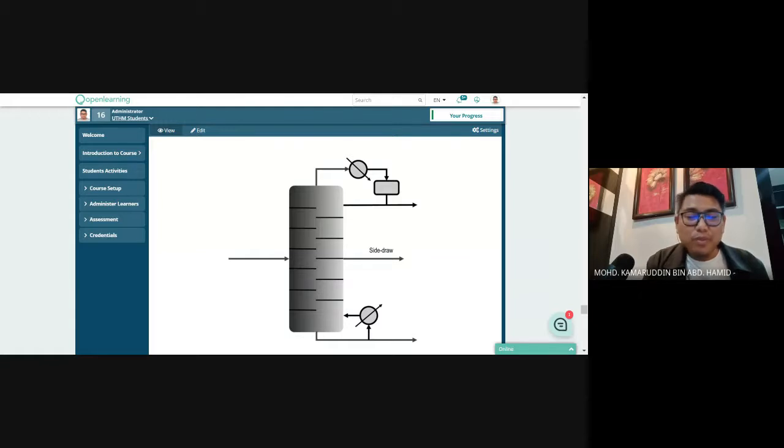I'll tell you the answer at 4 o'clock. Side draw distillation column, Sufi answered that earlier. Distillation column with side draw? Sorry, that's also wrong.